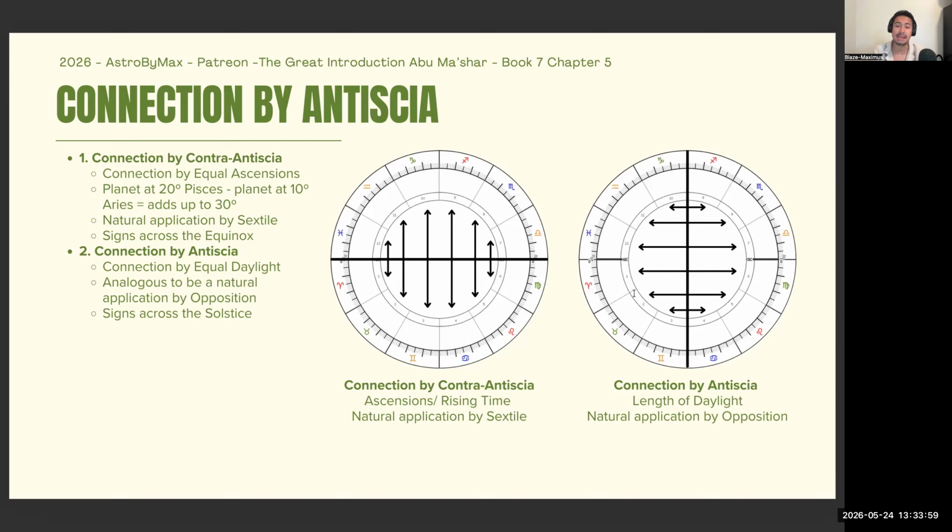Whereas the connections by Antisha, which reflect across the solstice, are analogous to a natural application by opposition, because these are by the length. Their aspects are through the length of daylight and through extremes that happen, because the solstices are related to extremes, whereas the equinoxes are related more to balance and more to fortune.